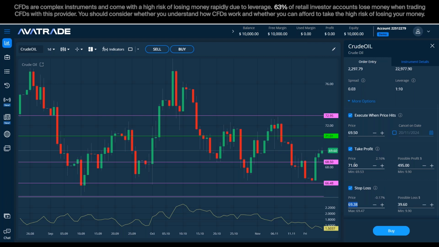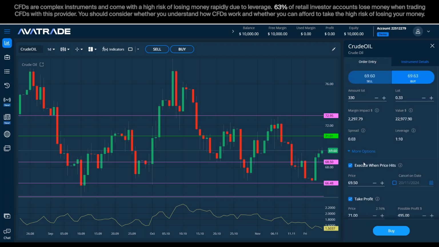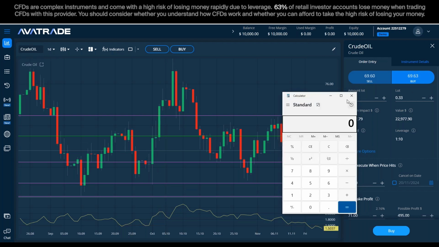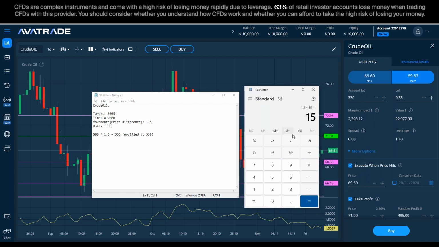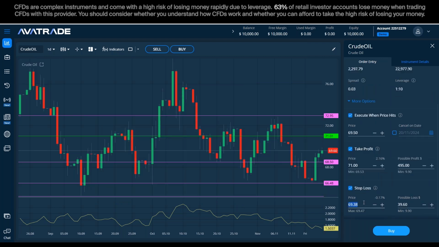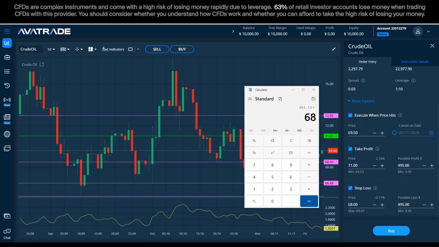For instance, if the stop loss were the same distance as the take profit, we would need to subtract it from the current price and not add it, as we did with the take profit, since we are with a buy. So let's go 69.5 minus 1.5, and that brings us to 68. Of course, we're going to get a similar figure because the formula works the same way.